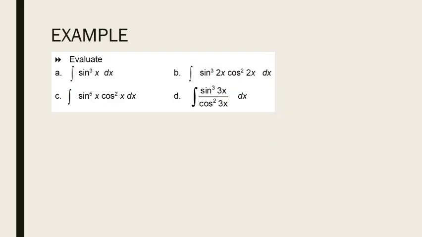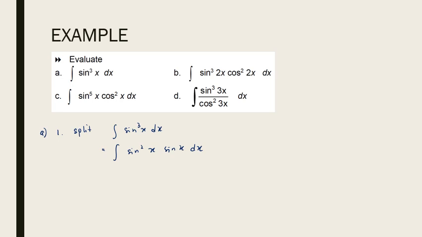Example A, integrate sine cube x dx. Step 1, split. We have integrate sine cube x dx. How to split? It becomes integrate sine square x sine x dx. So we split.